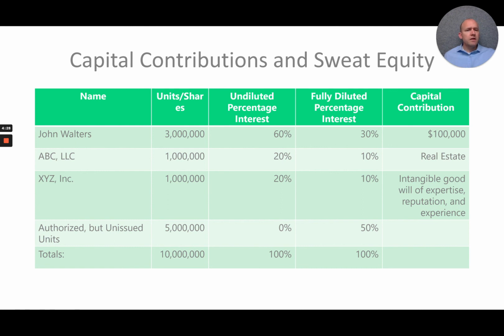If you have them contribute their intangible goodwill, their experience, expertise, reputation, and those kinds of things, it can position that owner to be in a place where that contribution will be valued as a property contribution and not one that triggers compensatory income. This works better when the company's first being formed.